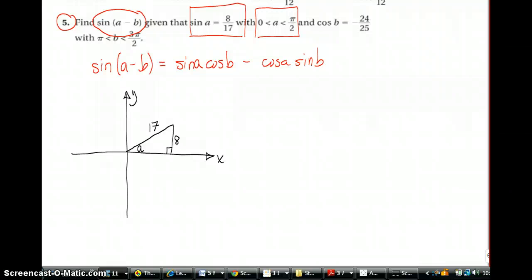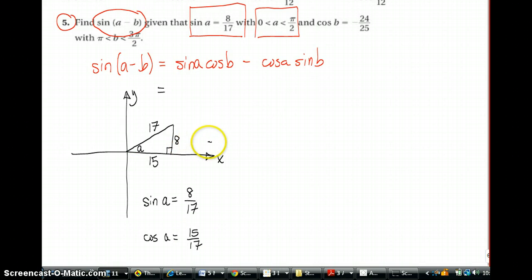Next, you see the triangle that we have sketched out in quadrant 1. There's our reference angle A, and the sine is the opposite side over the hypotenuse. We can next use the Pythagorean theorem to find our missing side, and then we will be able to have the cosine of A in our formula.